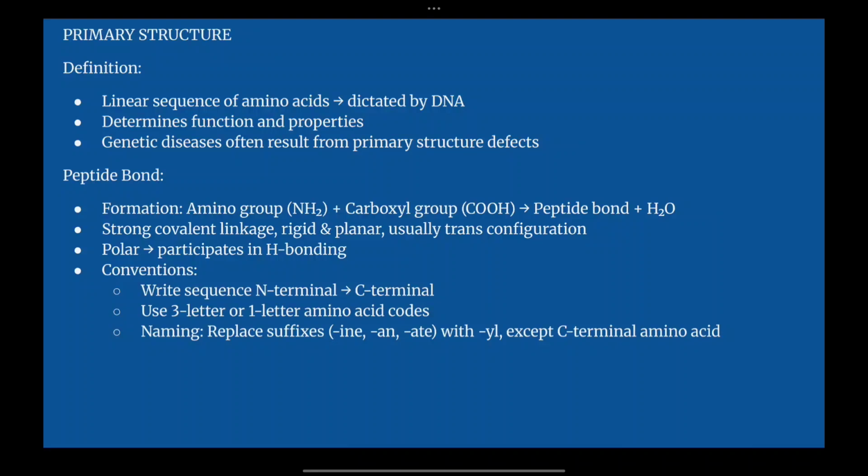Now the conventions used to determine the primary structure: while writing a sequence, you go from the N terminal to the C terminal, using a 3-letter or 1-letter amino acid code for each amino acid. Sometimes naming is done with suffixes like yl, ine and ate, except the C-terminal amino acid, for which suffixes are not used.